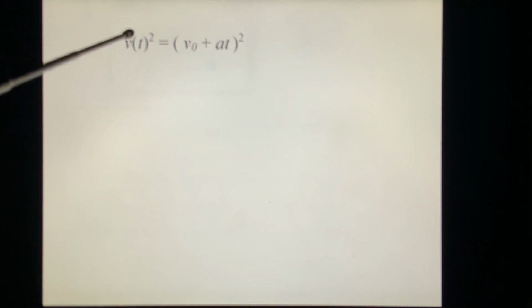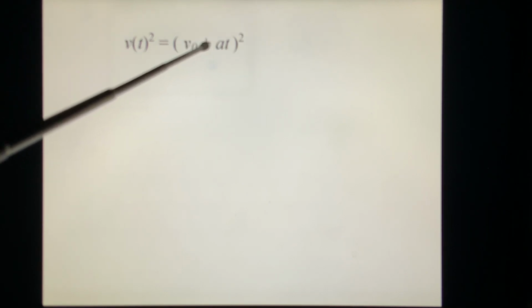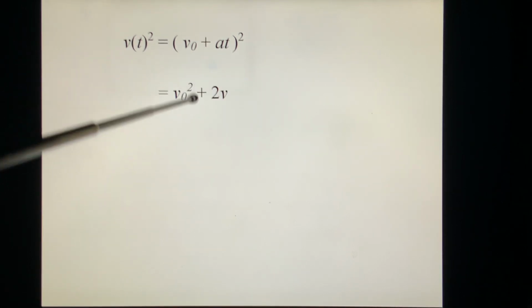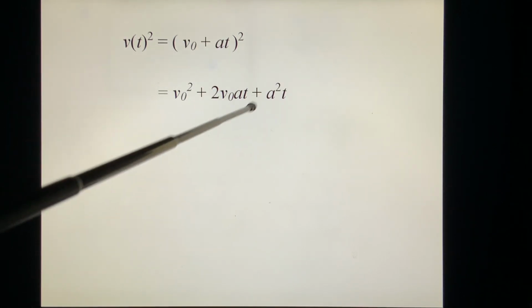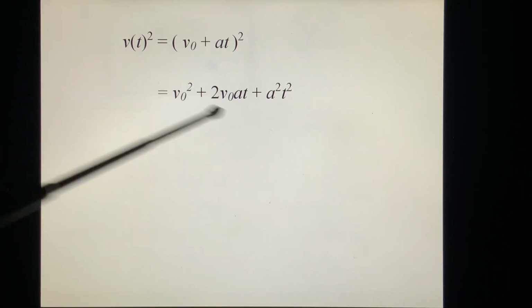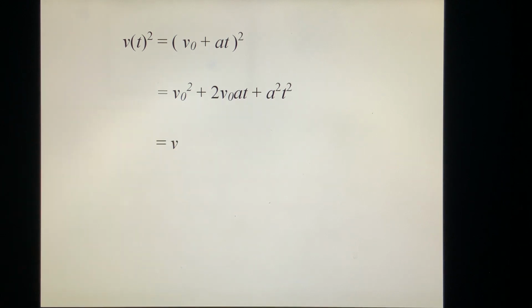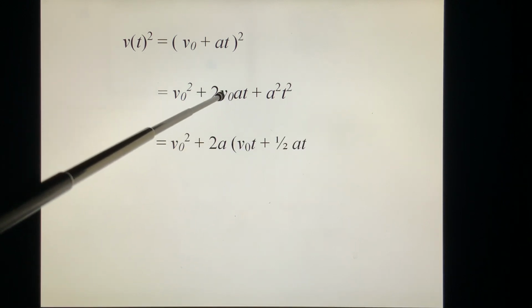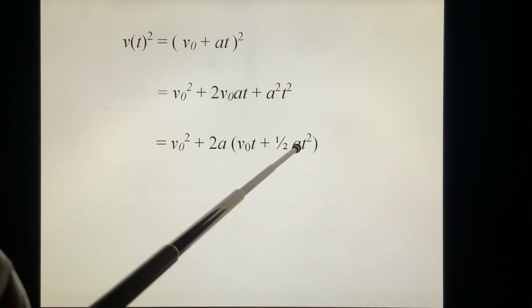v squared equals (v0 + at) squared. We get v0 squared plus 2 v0 at plus a squared t squared. Look at this one. We take the 2a out. It's v0 t plus half a t squared. What is this?